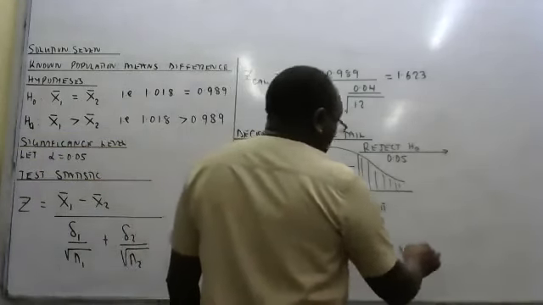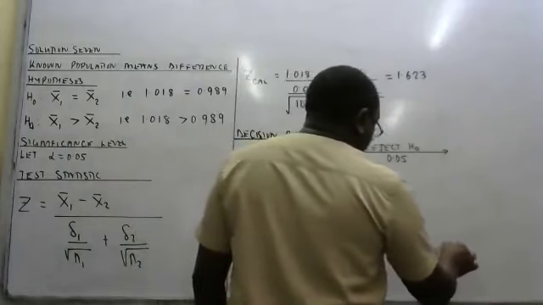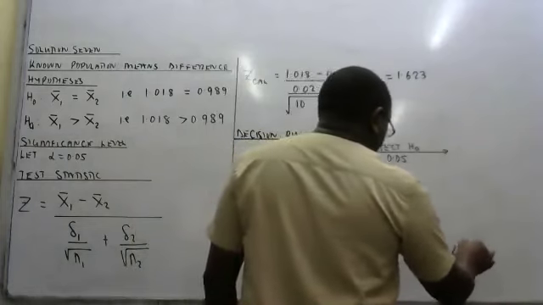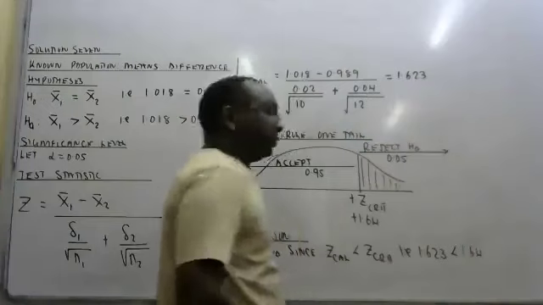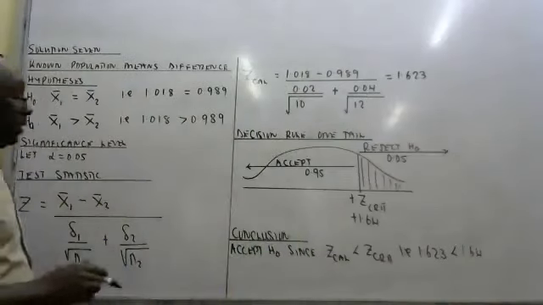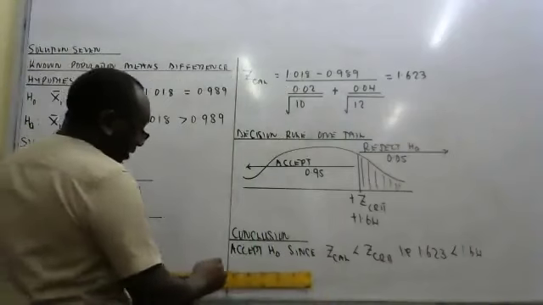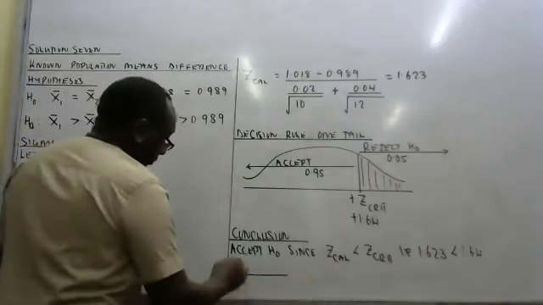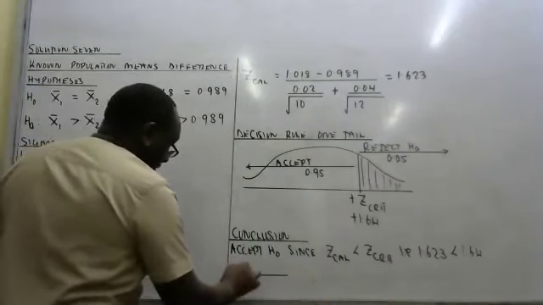That is, 1.623 is less than 1.64. Now, what does that mean?